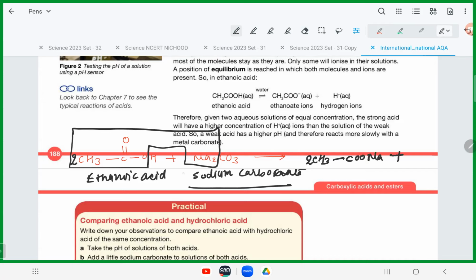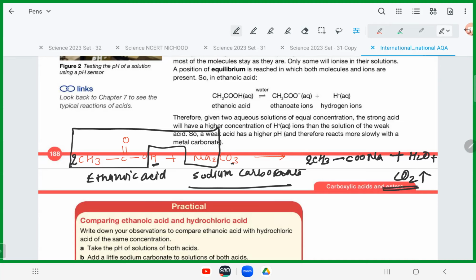Then you see how many hydrogens there are. Multiply by 2: 2 hydrogens, and here 3 oxygens. So you take out 1 oxygen and 2 hydrogens, so it is going to be H2O. And then finally what is left? That is CO2. Can you understand the equation?